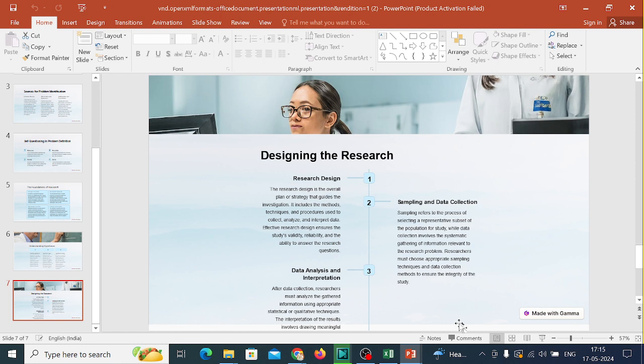The last one is data analysis and interpretations. After the collection of data is over, researchers must analyze and gather information, and they must use appropriate statistical and qualitative techniques. Then only will you have the data properly, and then only will you have the interpretations of the results.